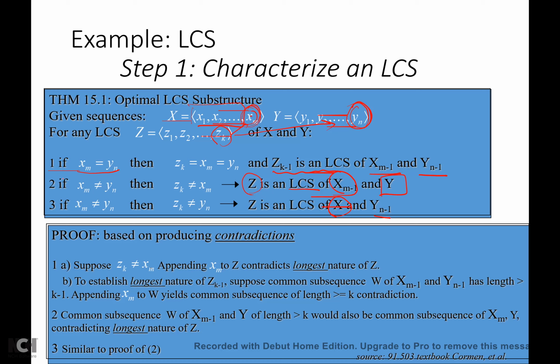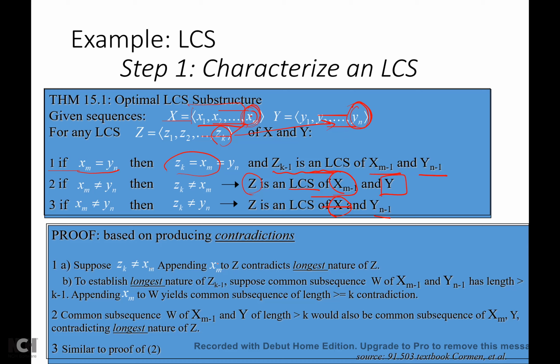To prove that, for the first case, they have two conditions, and we say if zk not equal to xm, but we wanted to use xm to contribute, appending xm to Z contradicts the longest property of Z, right?